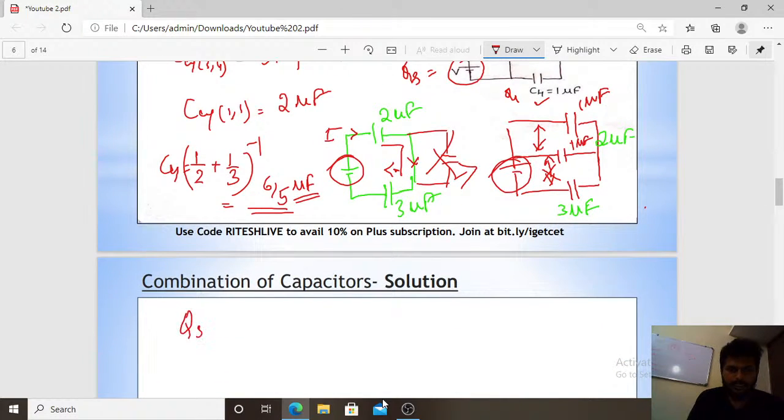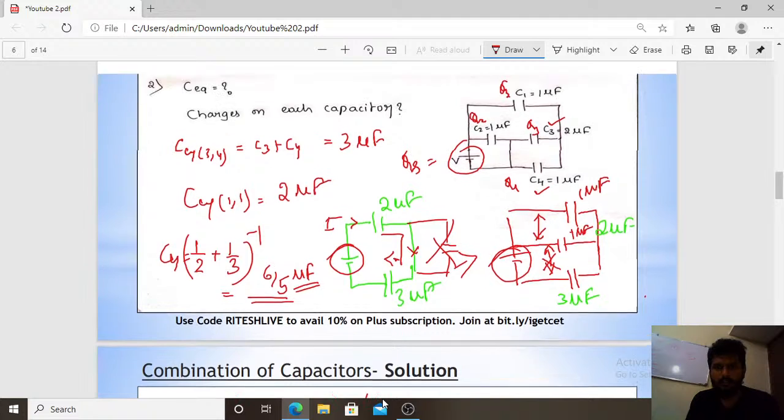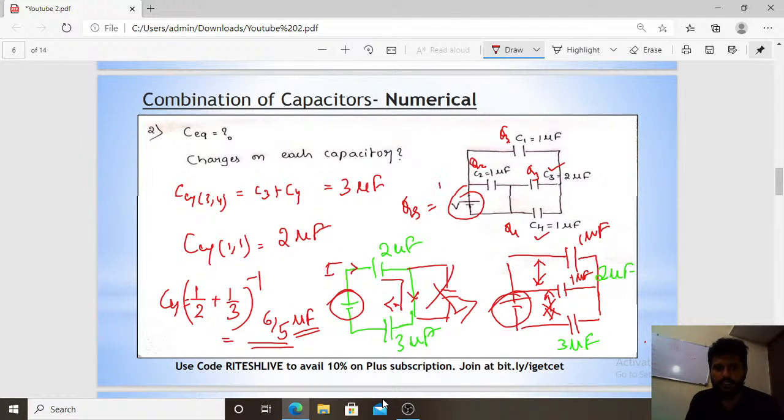So Q is nothing but CV, that is C equivalent into voltage. So CV, how much did we get, that is 6 by 5 into the total voltage, how much voltage they have given. Okay, voltage is not given, so you take it as 100.